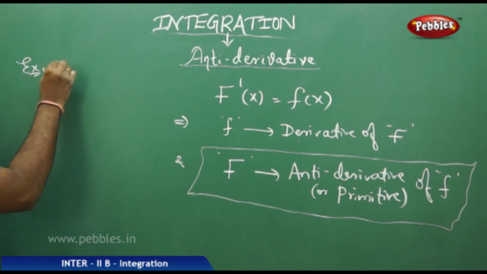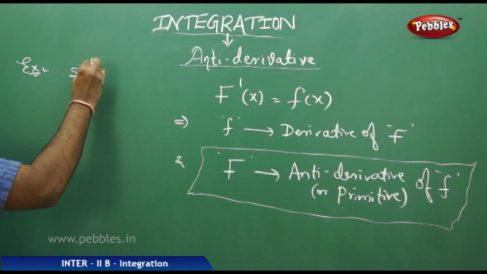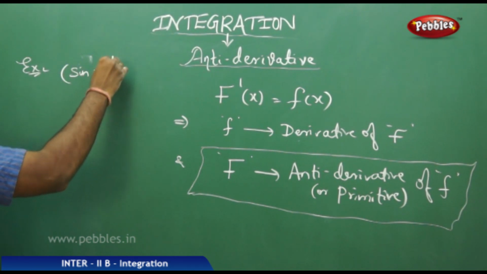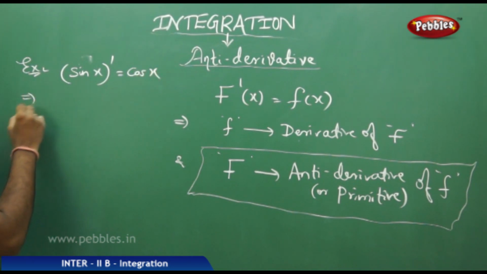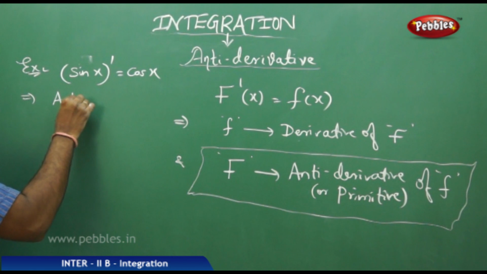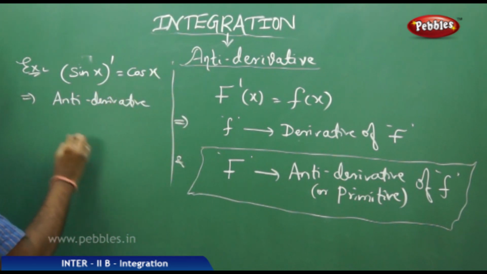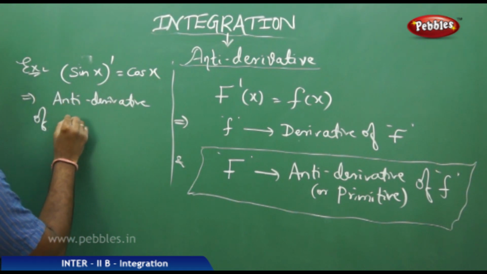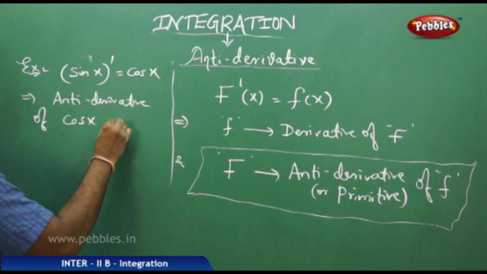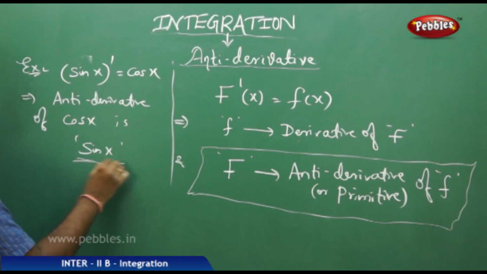Say for example, the derivative of sin x is cos x, that implies the antiderivative of cos x is sin x.